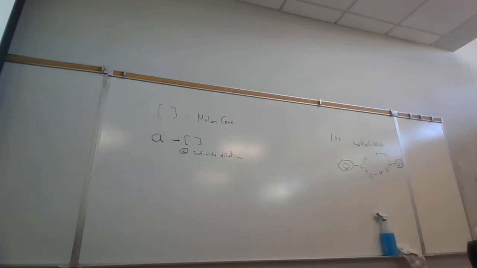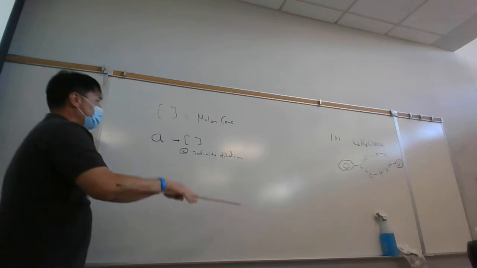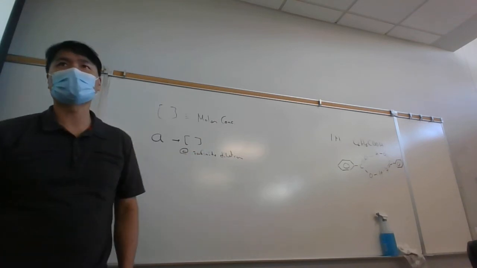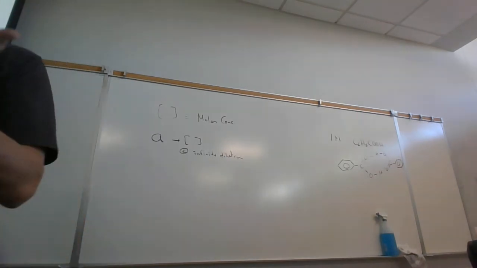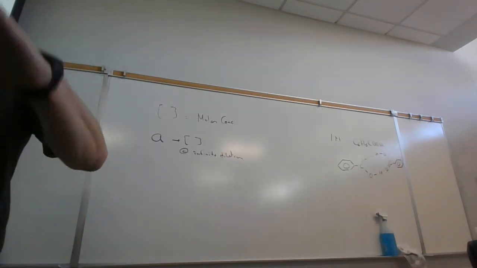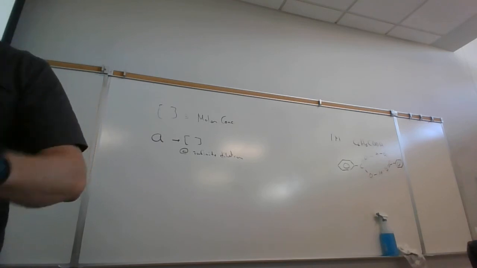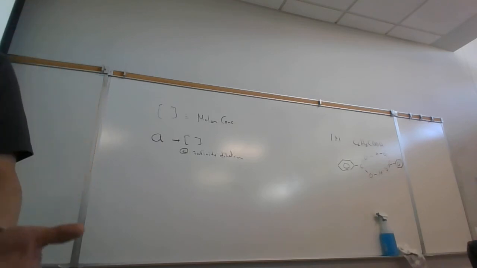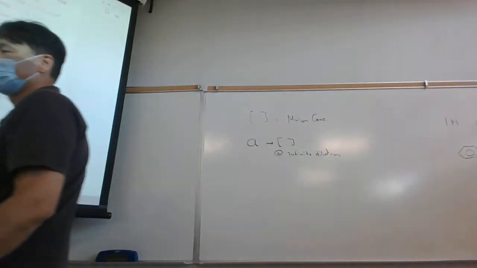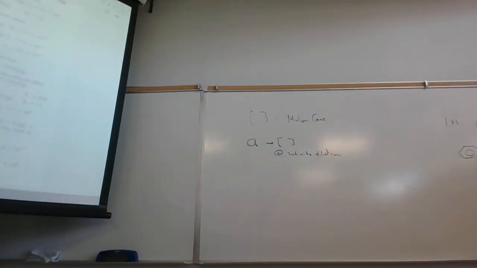But what we try to do is keep the concentrations low. That's why a lot of the things we do are at 0.100 molar. 0.100 molar is not that concentrated, but it keeps things working nicely, versus 12 molar or other things, which would be more of a headache to deal with.